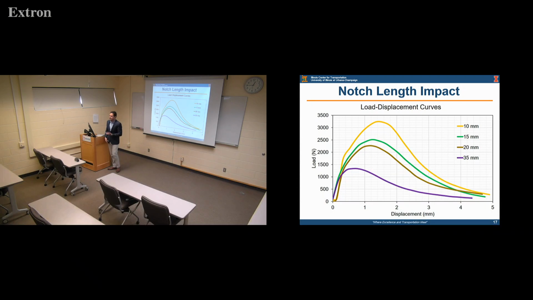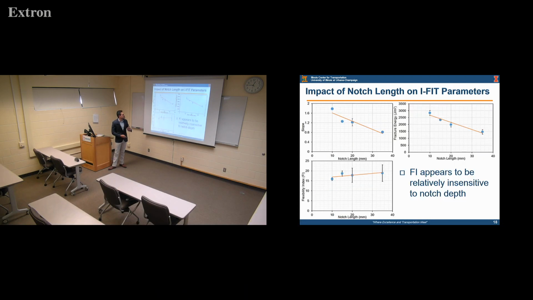In the case of the notch length, it was a very interesting case to evaluate. We saw that when we increase the notch length, we basically have a weaker iFit specimen, because we have a decrease in the strength, a decrease in the fracture energy, and a decrease also in the slope.